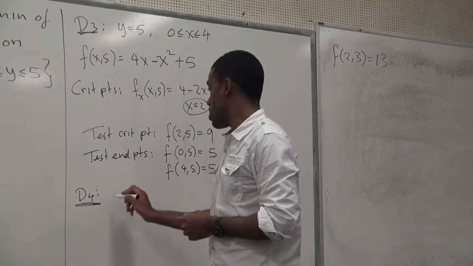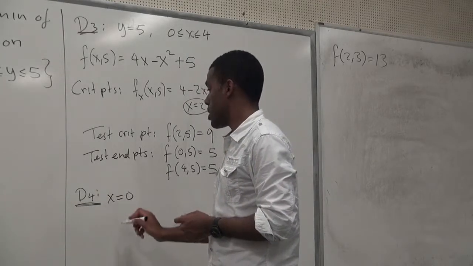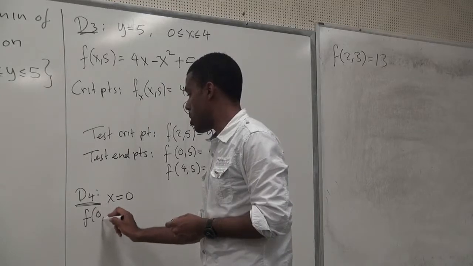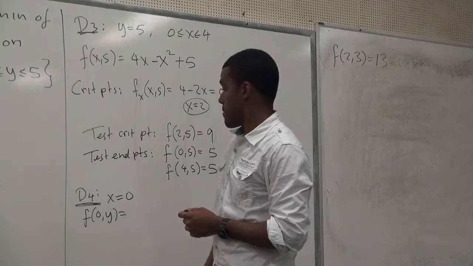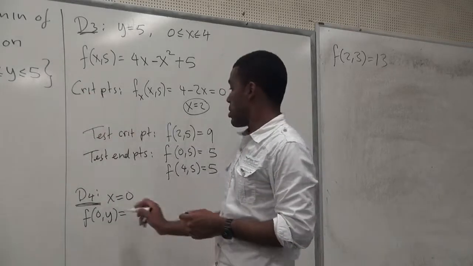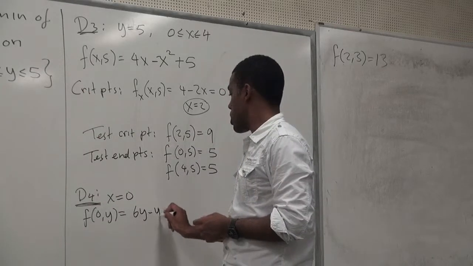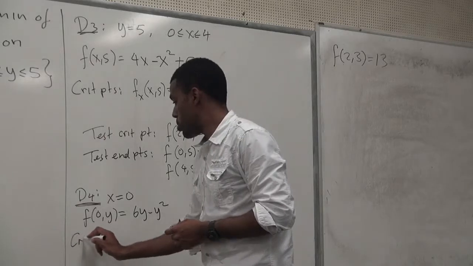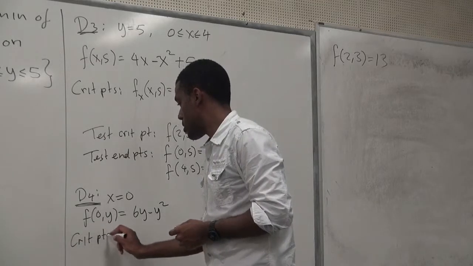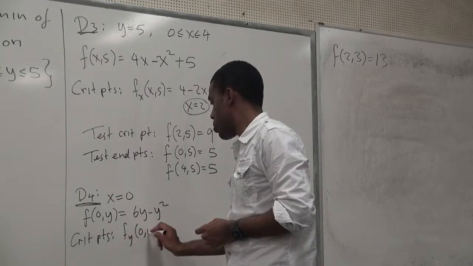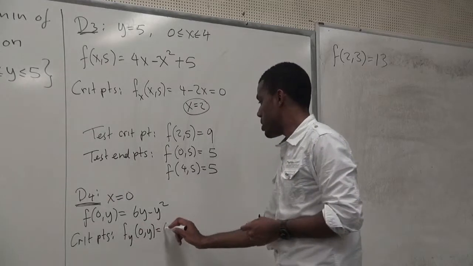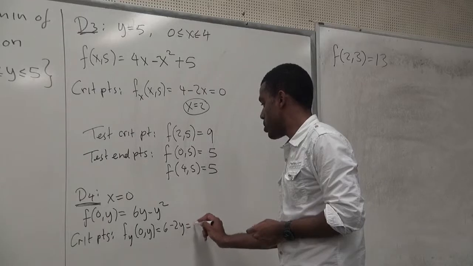On B4, we know that our x is equal to 0, right? So here we have f of 0 comma y is going to give us a function. That's just going to be 6y minus y squared. Find critical points. This means the derivative with respect to y is going to be 6 minus 2y equal to 0.